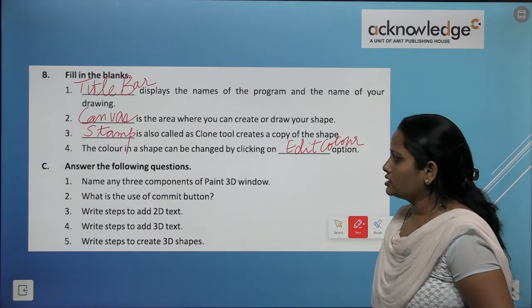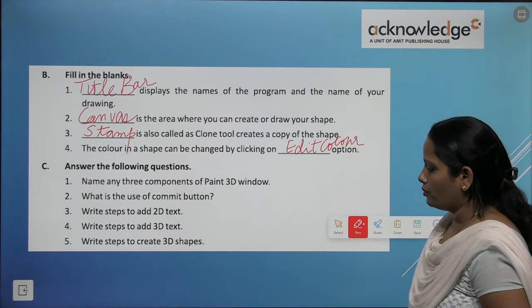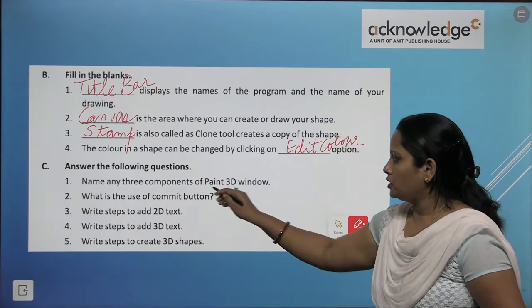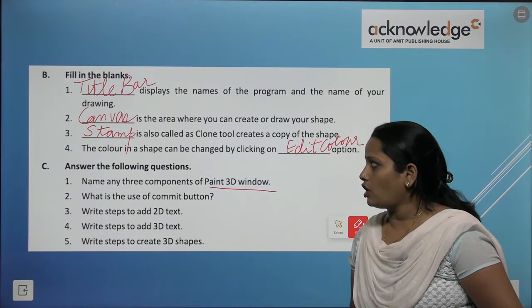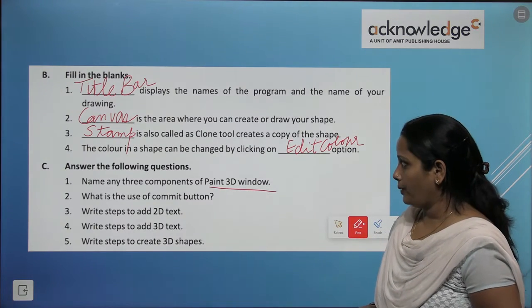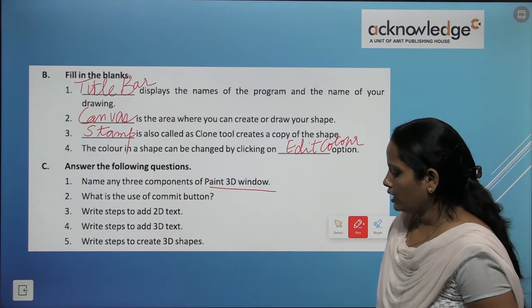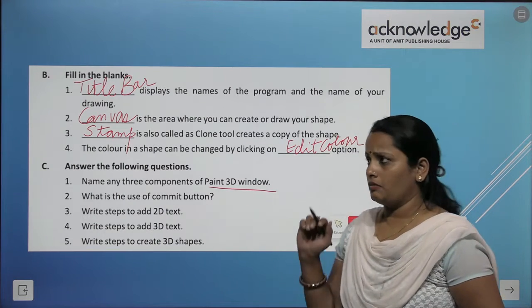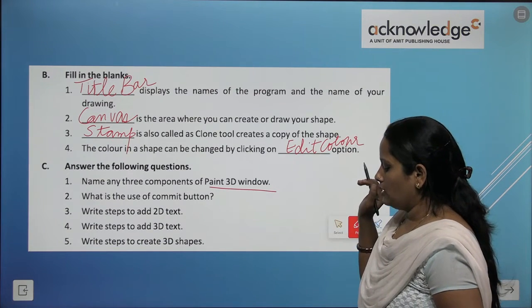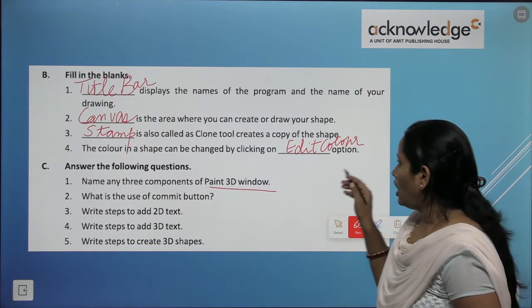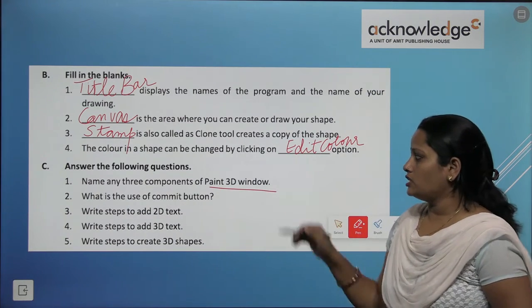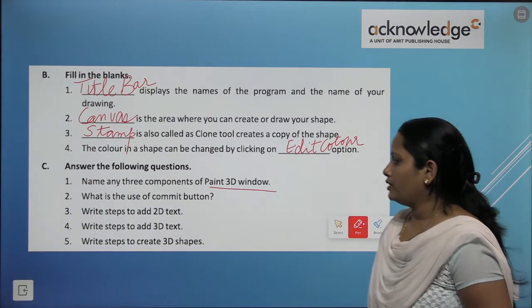Next, answer the following questions. Name any 3 components of Paint 3D window. So children, the 3 components of Paint 3D window are menu bar and we can say brush tools and also edit colors. So these are the 3 components of Paint 3D window.